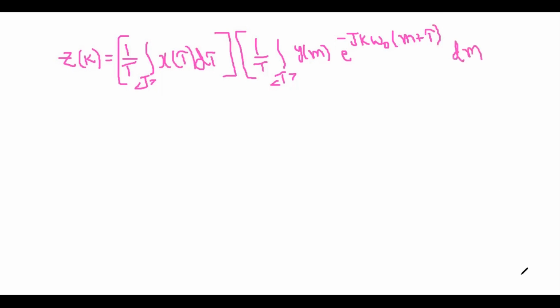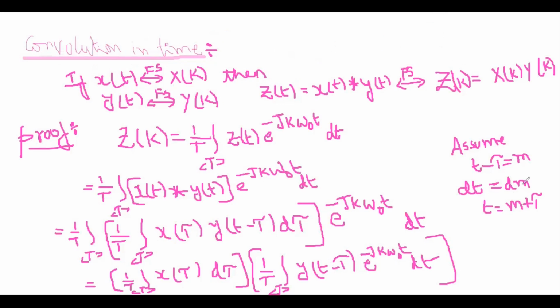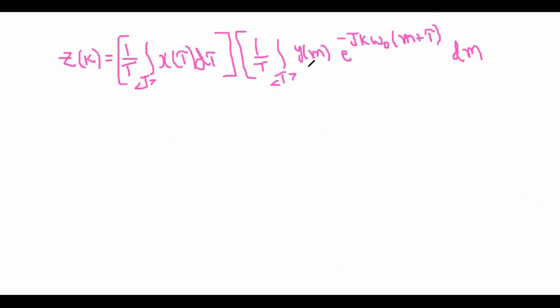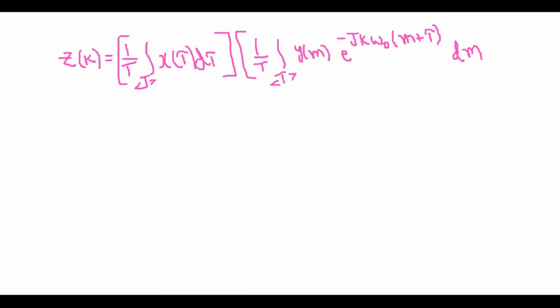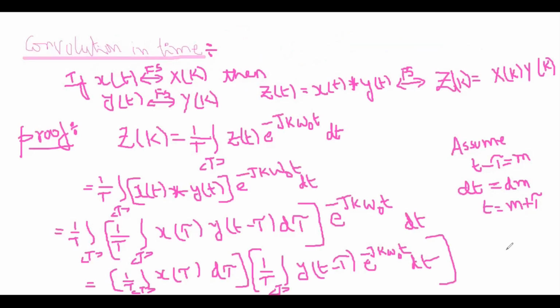Okay, my dear students, so the t minus tau I replace with m here, t as m plus tau, and dt as dm.